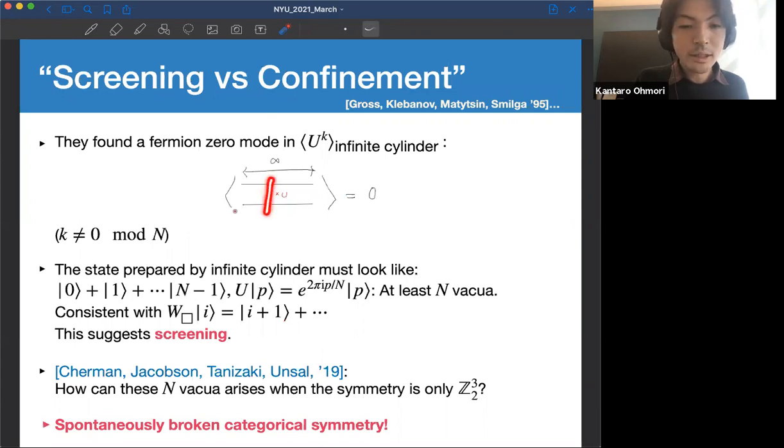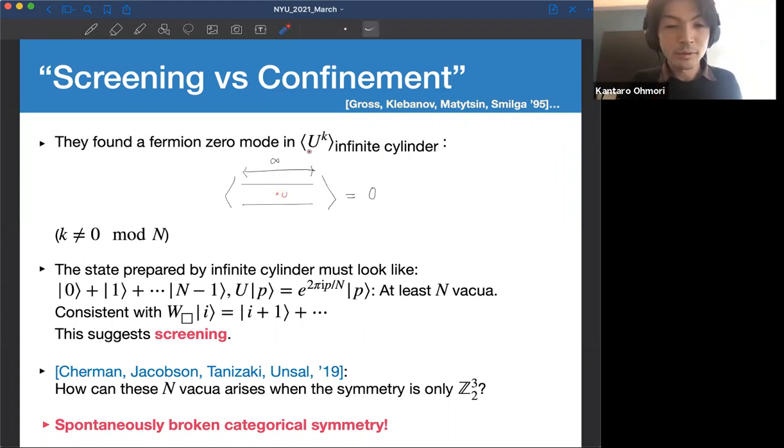We can regard this part of the infinite cylinder as preparing a ground state here, and we also have the bra of the same ground state here. So U^k has to have a zero matrix element in this particular state, but also this U is a local operator.